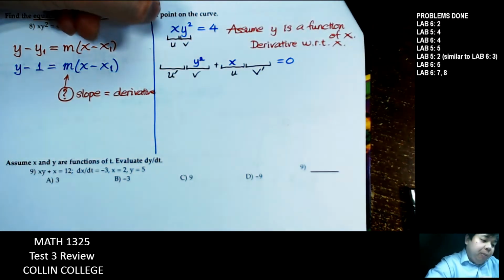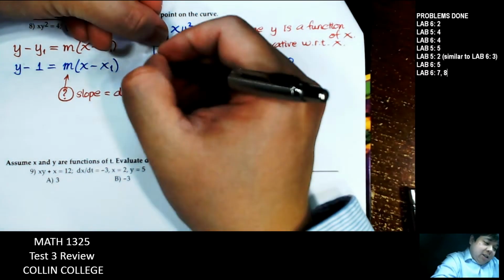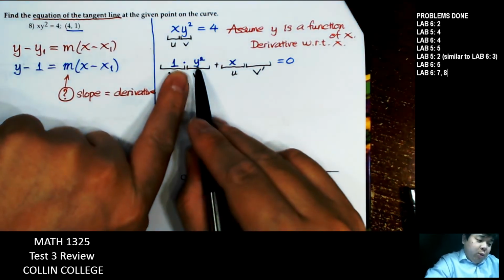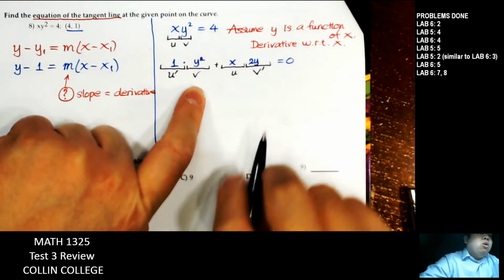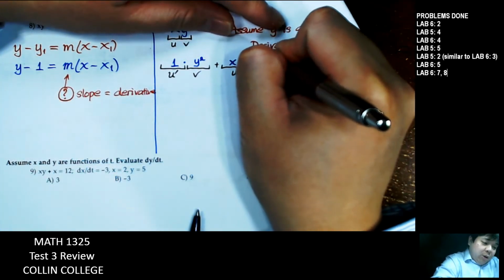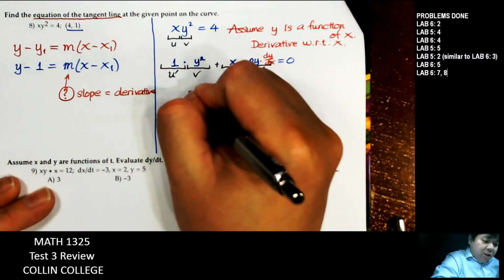Right, so we differentiate with respect to x. So u is going to be x, so just put that here. V is going to be y squared, right? U prime, the derivative of x, is 1. The derivative of y squared will be 2y.